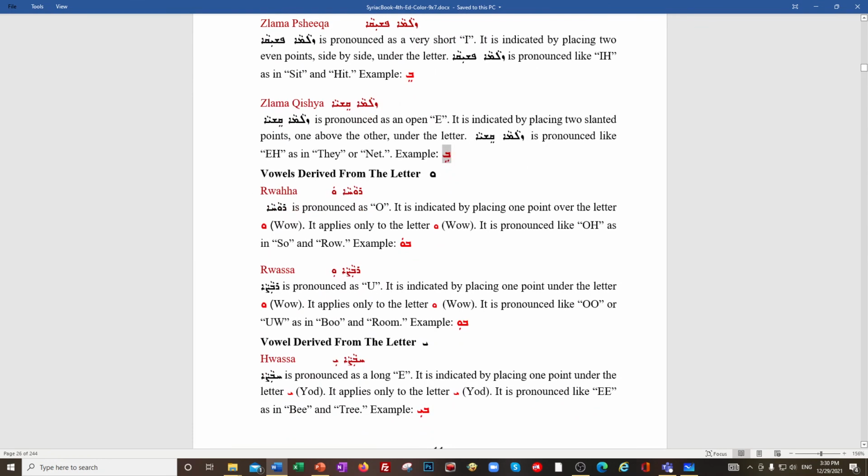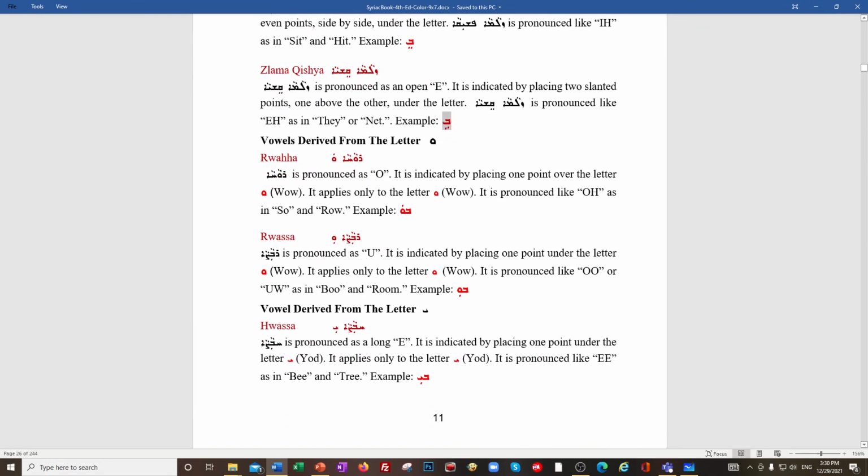The following three letters, two are derived from the letter wow, W. The first one is the letter wow with a single dot above. Again, single, not two or three like we have in the first four vowels.